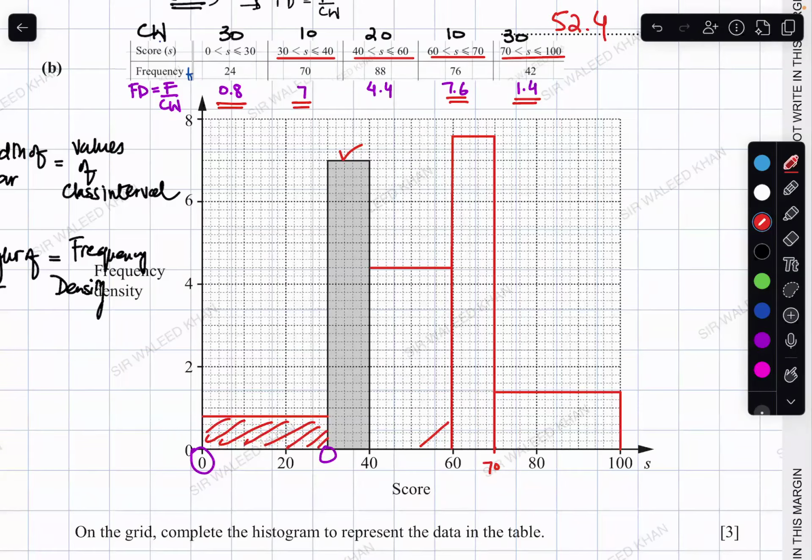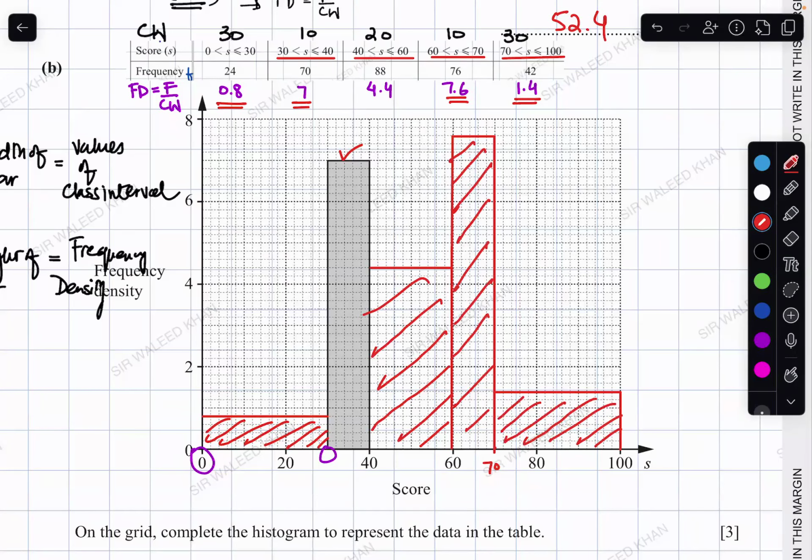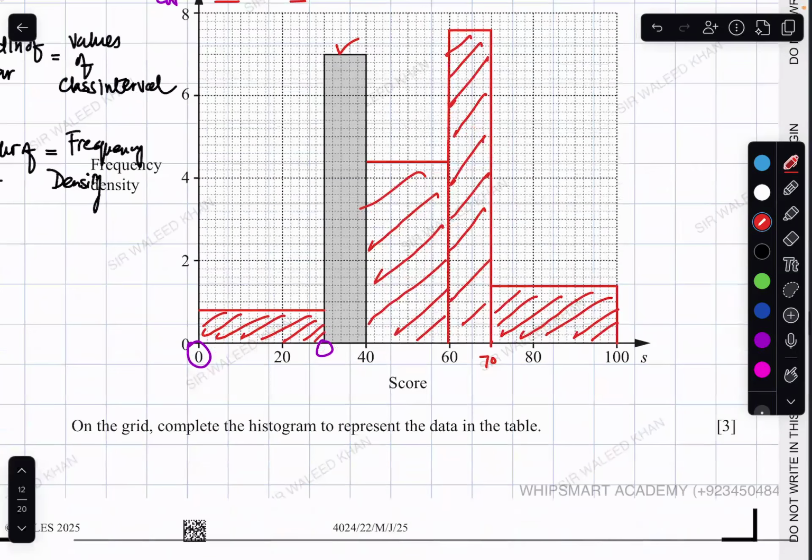So you can shade the bars so that it becomes prominent enough for the examiner to check. Okay, like this.